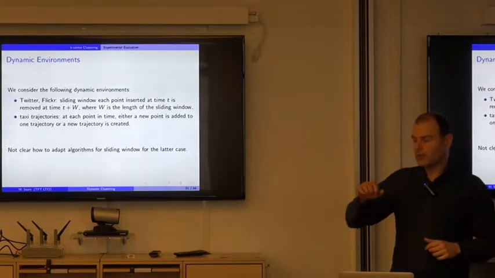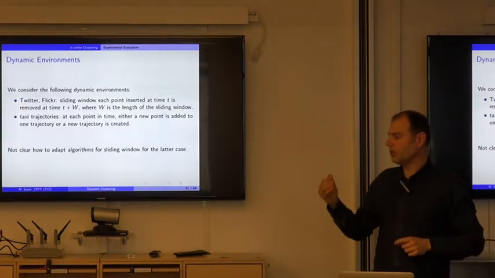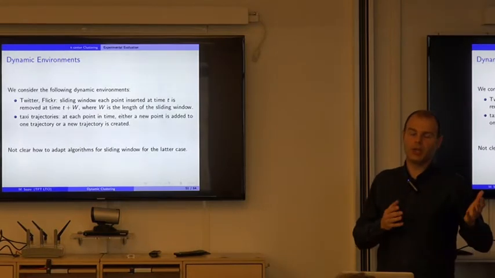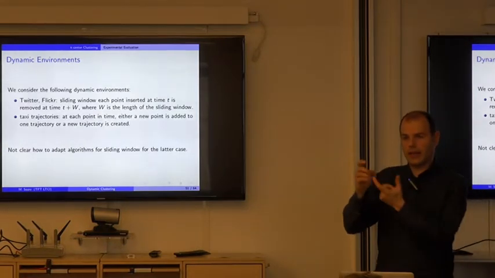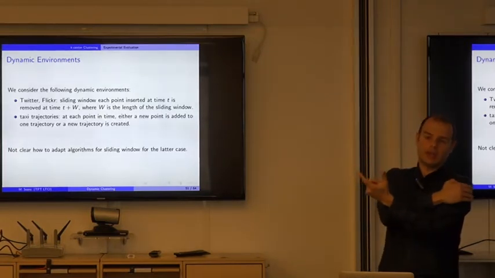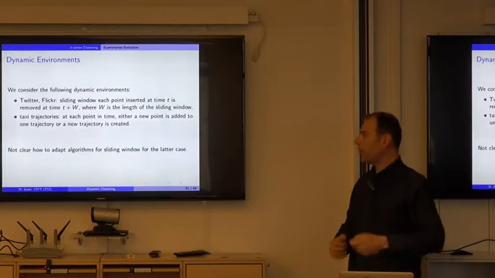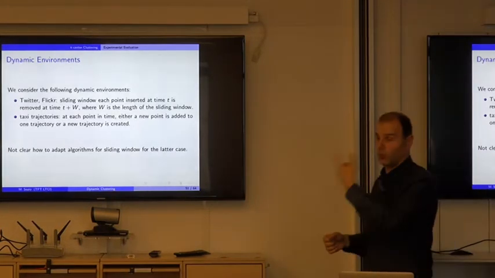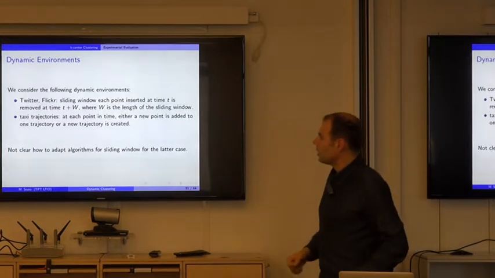We wanted to cluster only the points that have been posted, for example, in the last 1 hour. So this is a sliding window. At every second, you have a new point that is added and the oldest one that is deleted. And the other approach can deal with this setting. So a sliding window model can also be dealt with by the other approach.